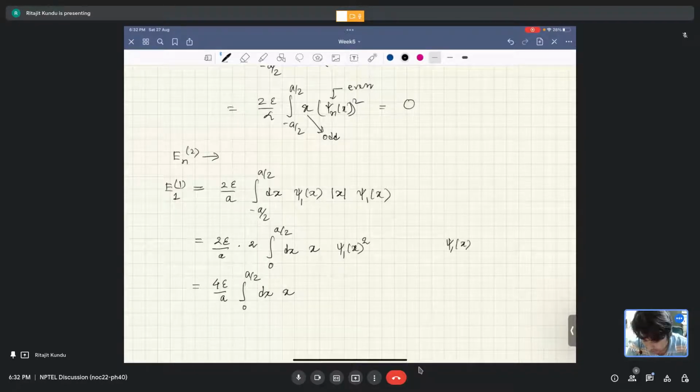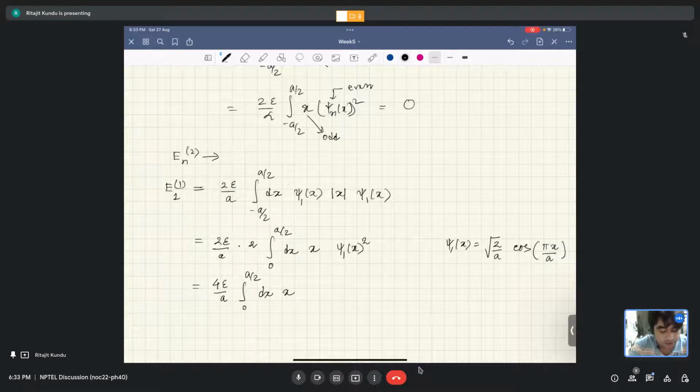So psi 1 x is given by, not sine, this is given by square root 2 by a cosine of n pi x by a. Okay, n is 1, so pi x by a.